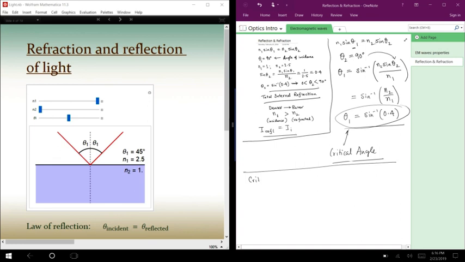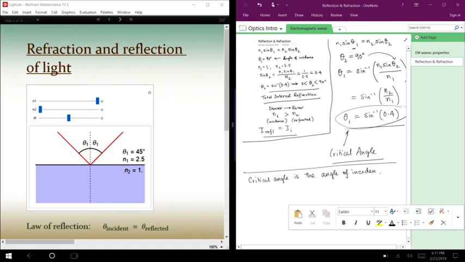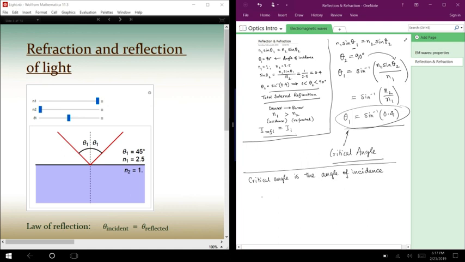So critical angle is the angle of incidence above which a ray of light going from a denser to a rarer medium will get totally reflected.